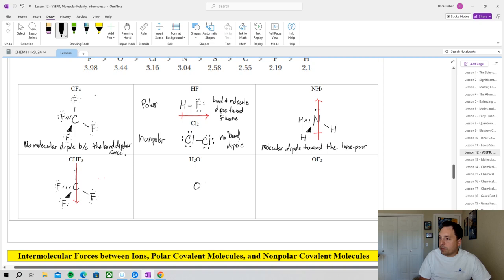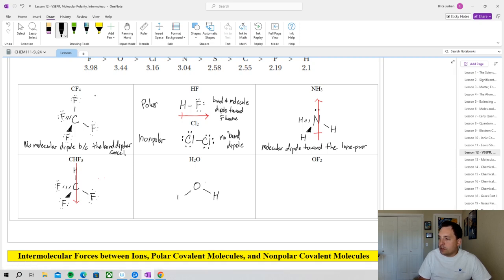H2O. Remember, we have to put 2 lone pairs on the oxygen, and that's going to cause this geometry to be bent with 109.5 degree angles, and actually slightly less than that, about 104.5.